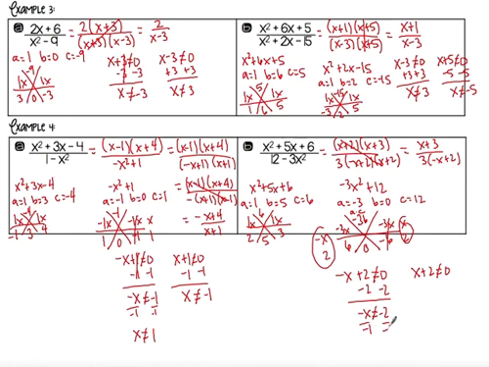Divide both sides by negative 1, and x does not equal positive 2. Subtract 2 from both sides here and get x does not equal negative 2. So my answer would be x plus 3 over 3 times negative x plus 2, where x does not equal 2 and x does not equal negative 2.